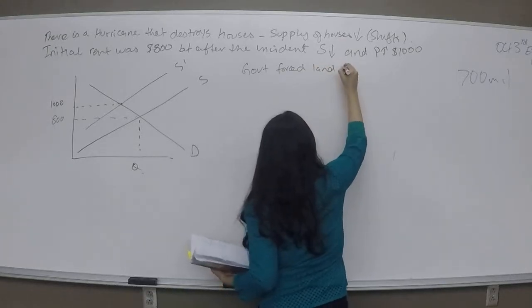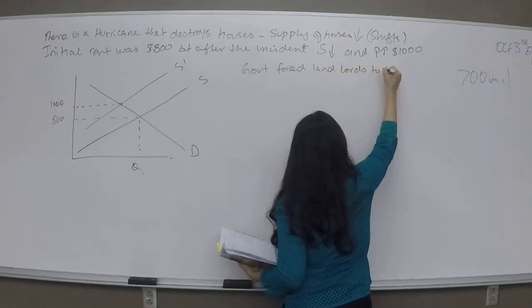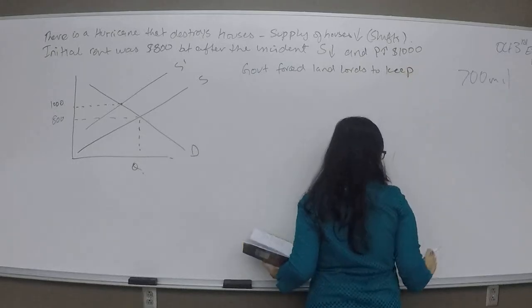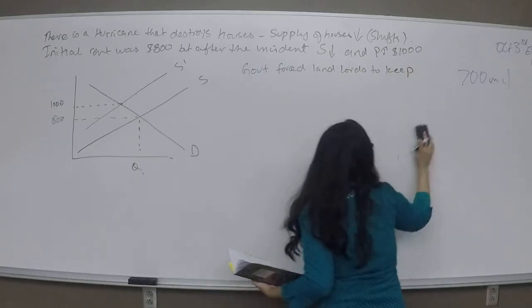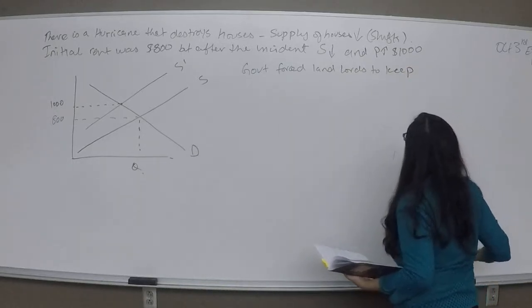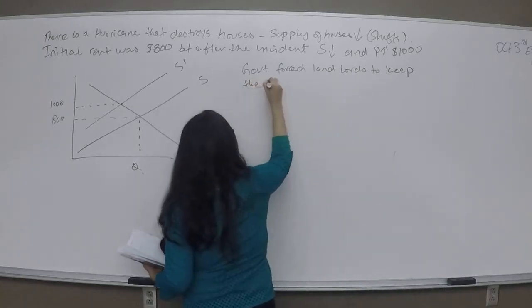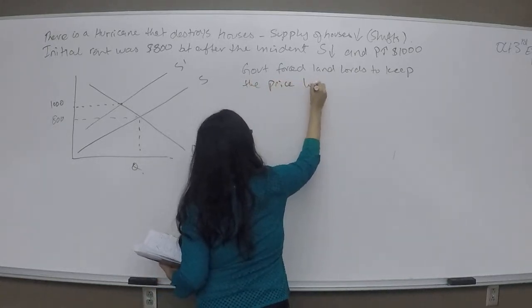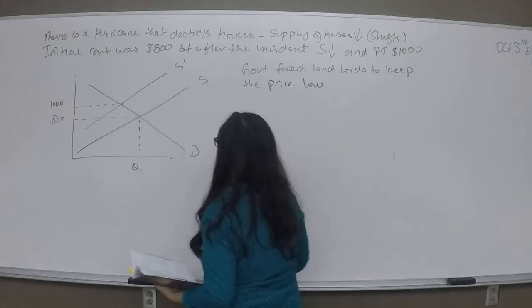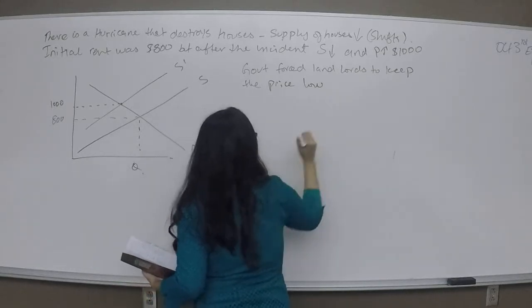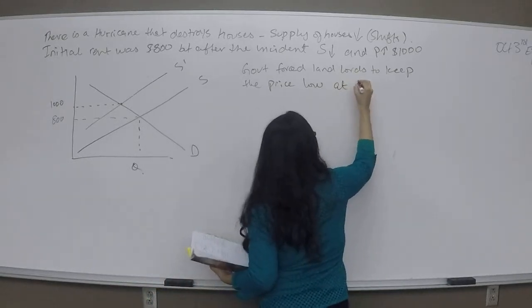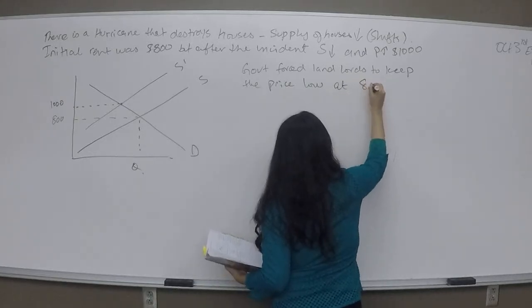Government forced landlords to keep the price low, to keep the price low at 800.